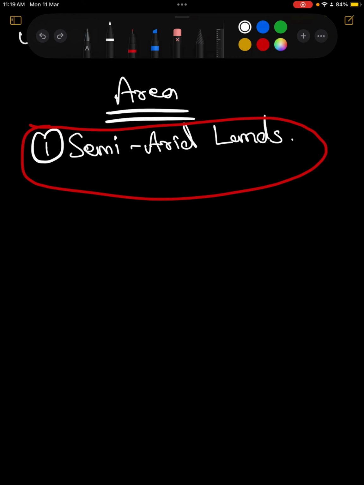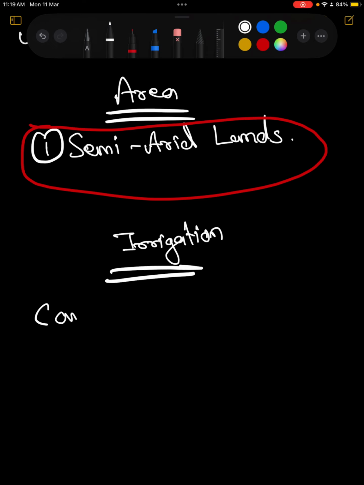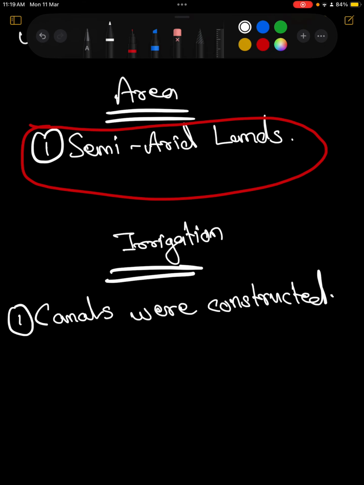Anyways, now let's talk about the way they used to cultivate, the fact about irrigation. So canals were constructed for the purpose of irrigation. And the evidence is provided from Shortughai in Afghanistan.